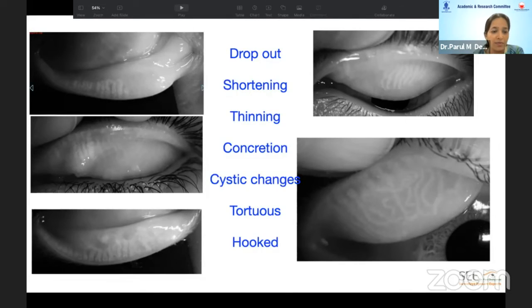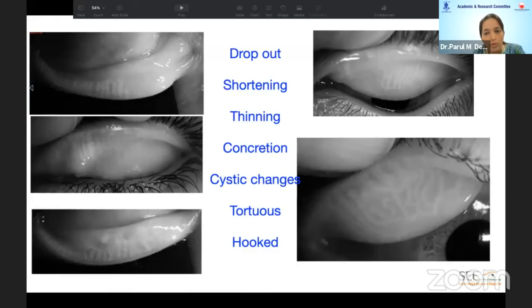So these are the calcific images that you can see with the lucent area, the dark areas around, indicating probably the accumulation of fluid and the calcium deposits. The picture on the bottom right is showing a lot of tortuous glands, more thickened glands, as well as the hooking of the glands here.